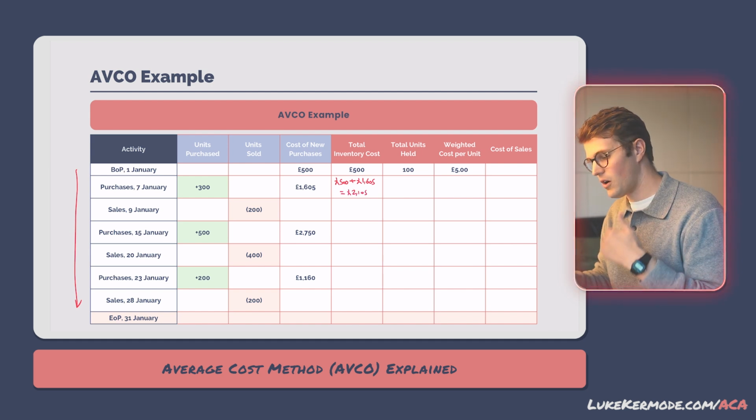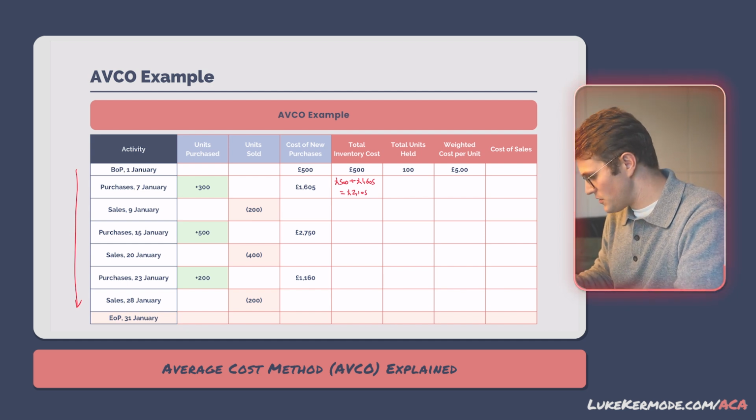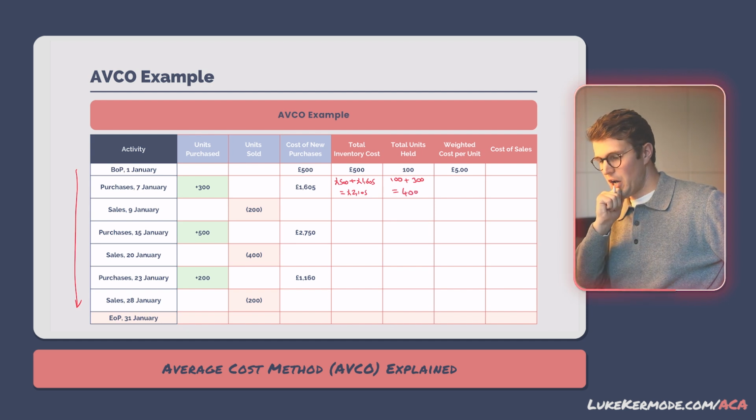That's the total cost of our inventory at that date. We have total units of 100 plus 300, which equals 400. So 100 units brought forward on the 1st of January and 300 units purchased on the 7th.